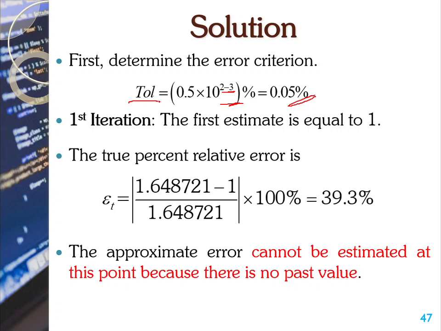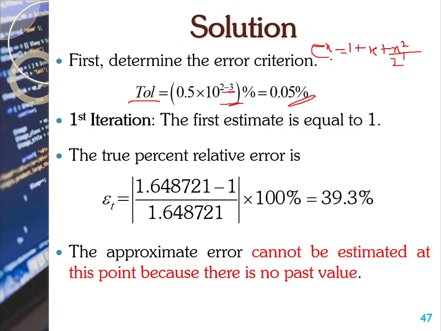Now that we know our tolerance, let's move on to perform our first iteration. Remember that the Maclaurin series gives us e^x equal to 1 plus x, plus x squared over 2 factorial, and it moves on forward.